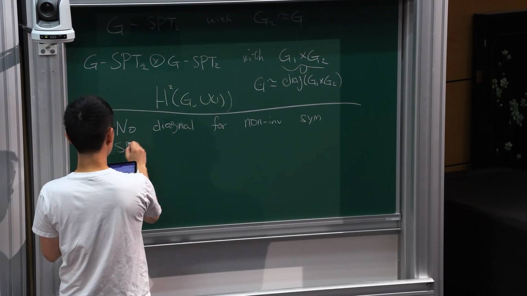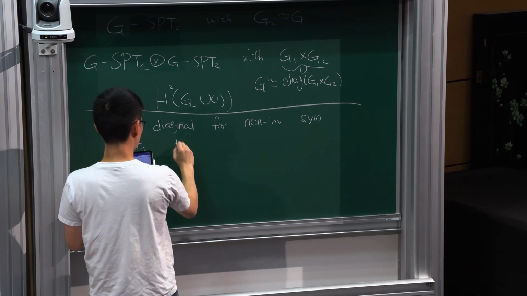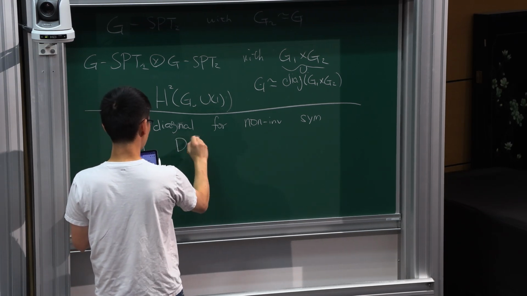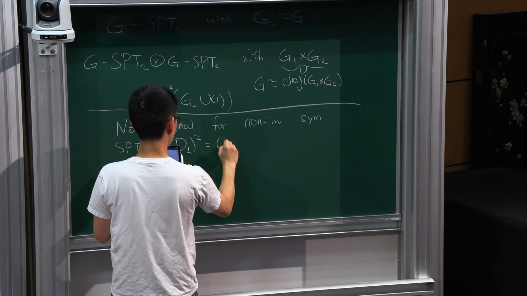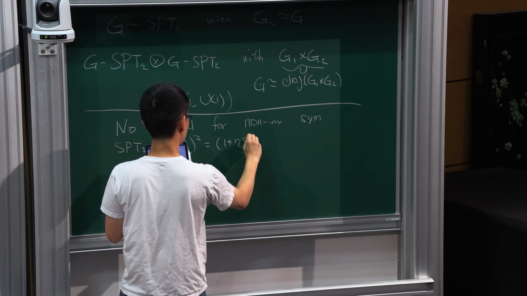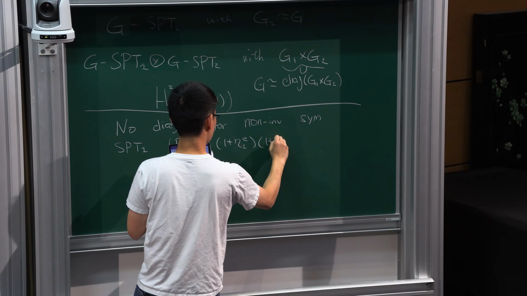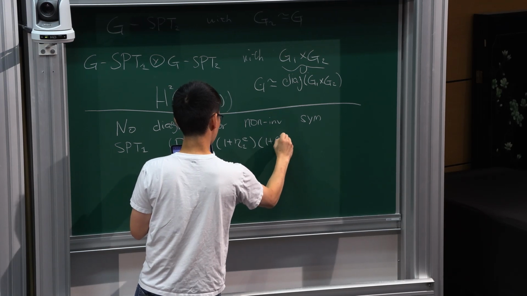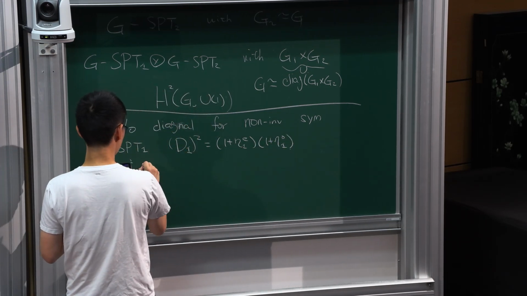Let's say I have SPT number 1, which obeys D1 squared equals 1 plus eta 1 even, plus eta 1 odd, and similarly for 2.